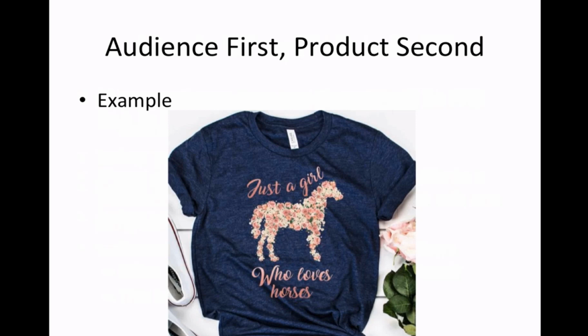So if you can assume things with close to 100% accuracy, that's going to help you with your targeting. So let me just go ahead and toss this up here, and then I'll get into what you can target, all the different things. I'm just giving you an overview here of this concept, and then we'll get into the nitty-gritty. Okay, so this example is just a girl who loves horses.